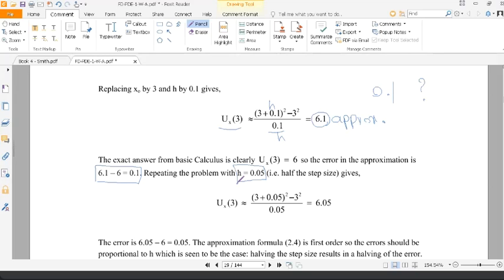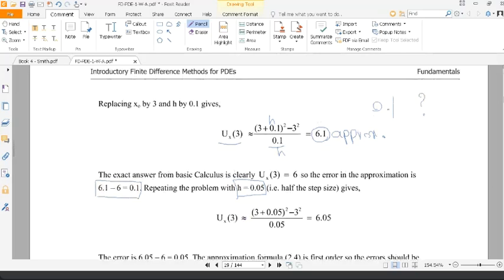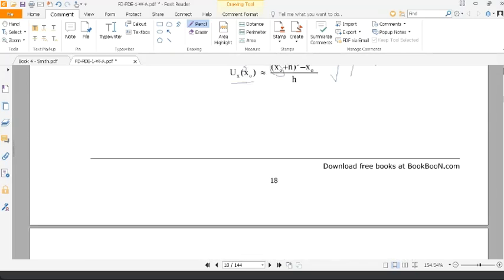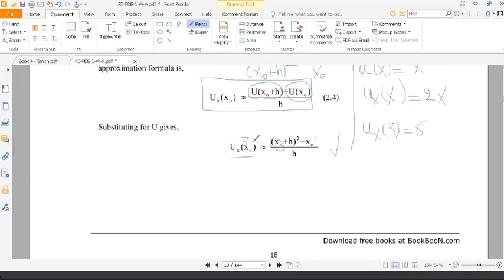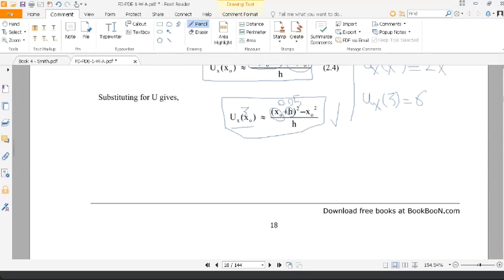The formulation is the same, and u_x at 3 is equal to this formulation. You should use this formulation again, okay? But we should use h equal to 0.05 instead of 0.1.